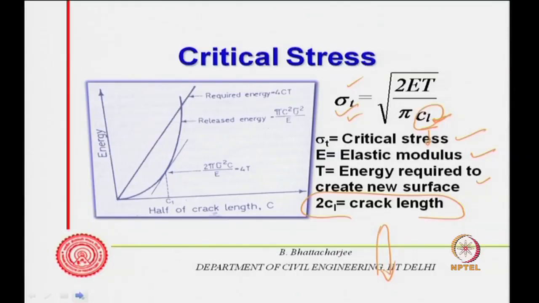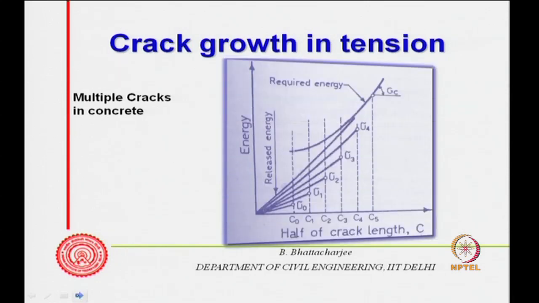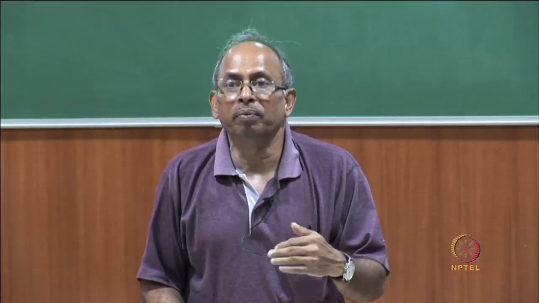Now, in concrete you have a lot of capillary pores, and therefore multiple cracks will be generated. So, this is your required energy line. It will not be a single straight line, because it will be the sum total of a number of straight lines.